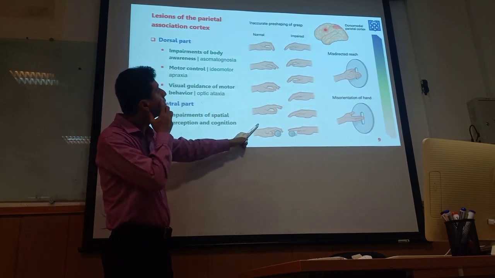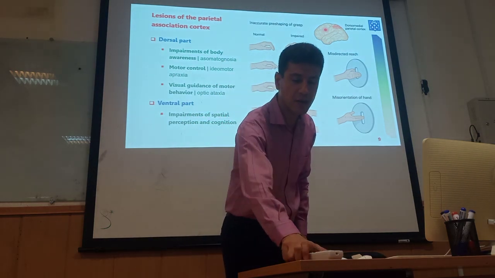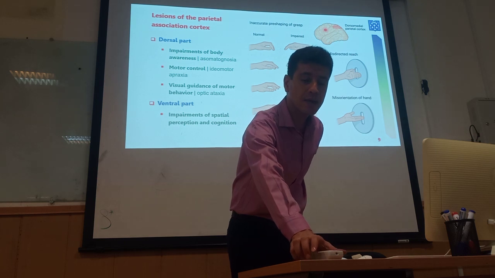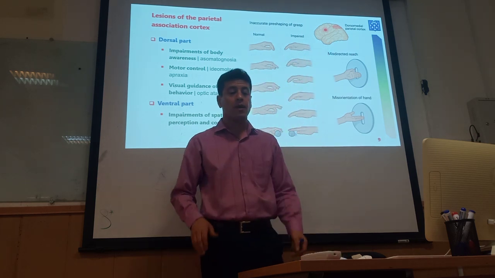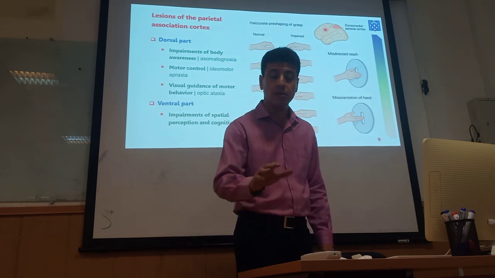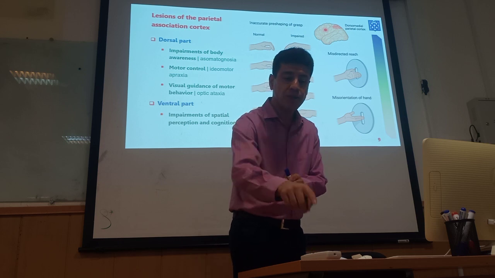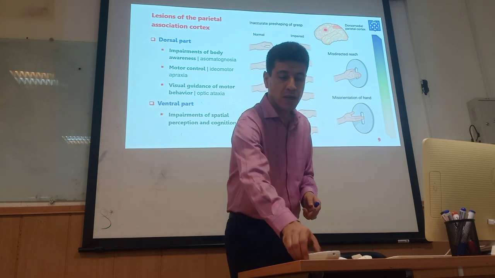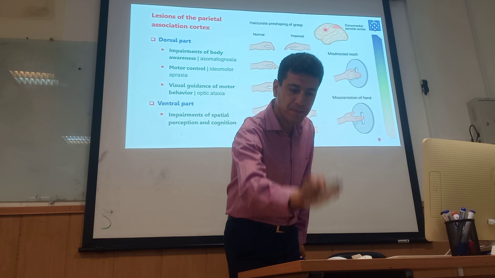Another test is this one. You can ask the patient to pick up something like this. Okay? So the patient should reach, then pick it up. In a normal situation, when you start the movement, the shape of the hand is matched to the shape of the object. If the object is this, the hand should be like this.